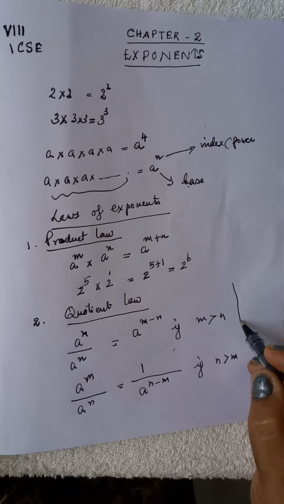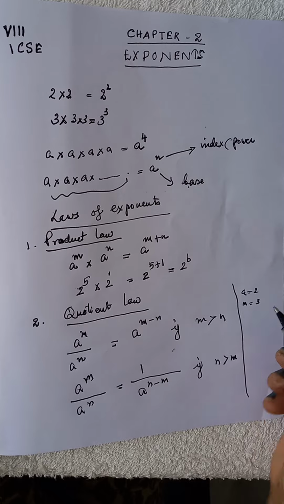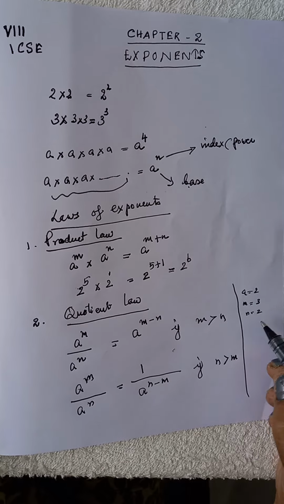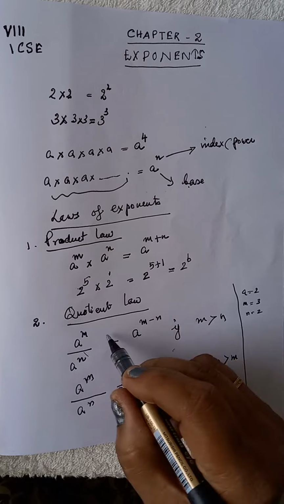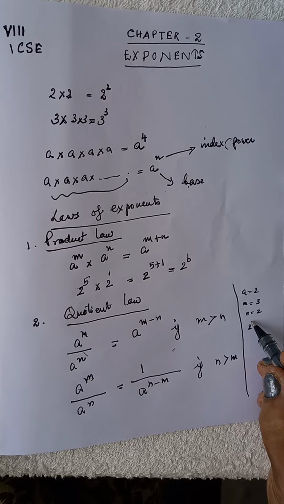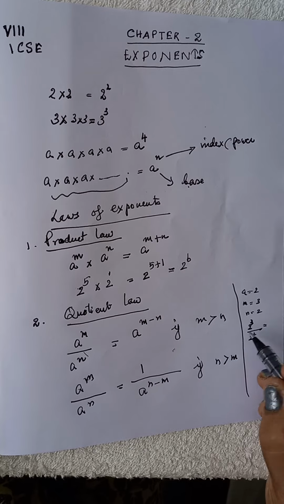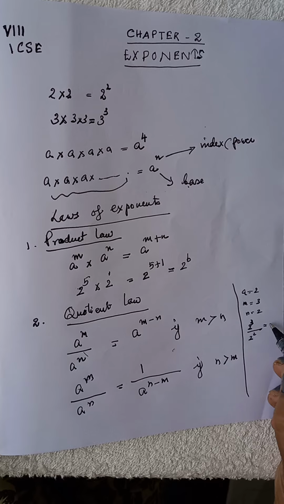Here for example, if you take A as 2, then m as 3 and n as 2, then what is this according to this law? That is 2 raised to m is 3 by 2 raised to n is 2. This m is greater than n, so this is equal to A raised to m minus n, that is 2 raised to 3 minus 2, that is 2 raised to 1.